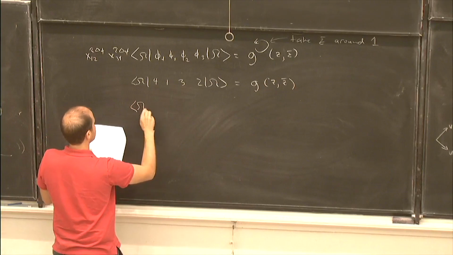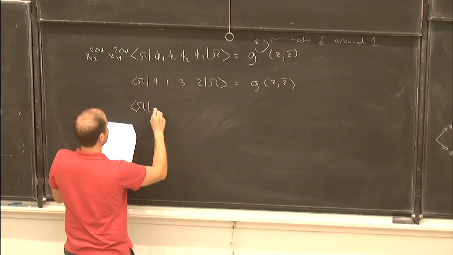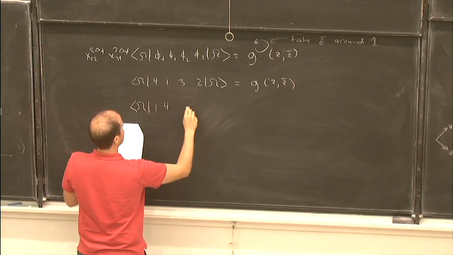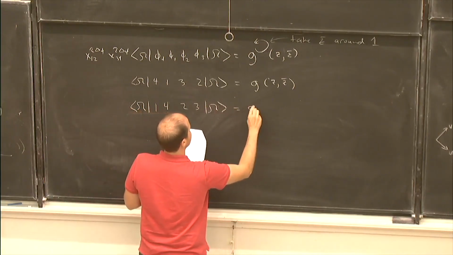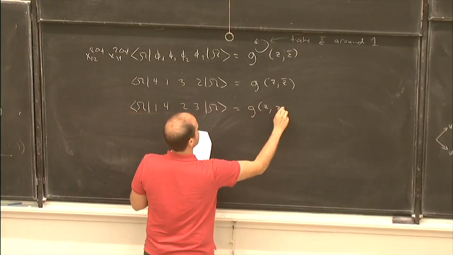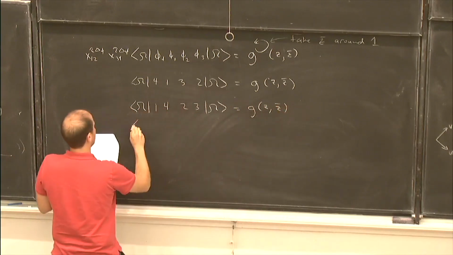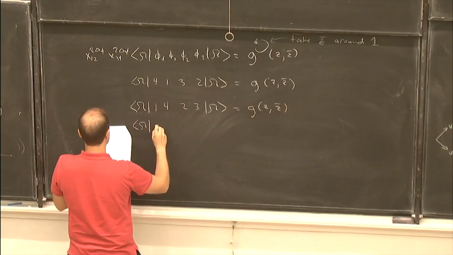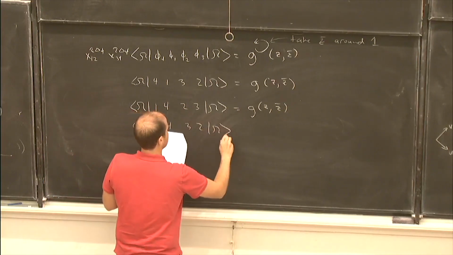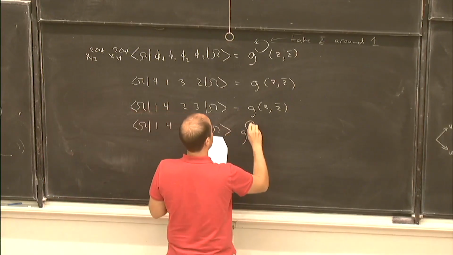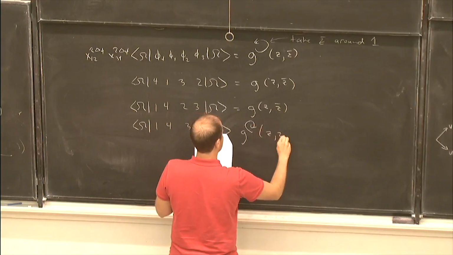It just stays between 0 and 1. If we look at 1, 4, 2, 3, this turns out to also be equal to the same thing with no continuation. And if we look at 1, 4, 3, 2, this is equal to g where we continue the other direction.